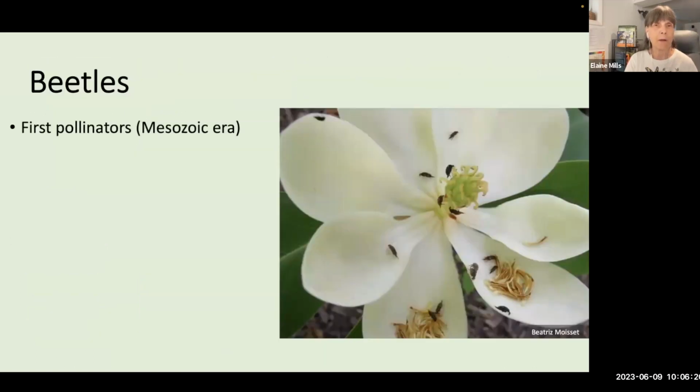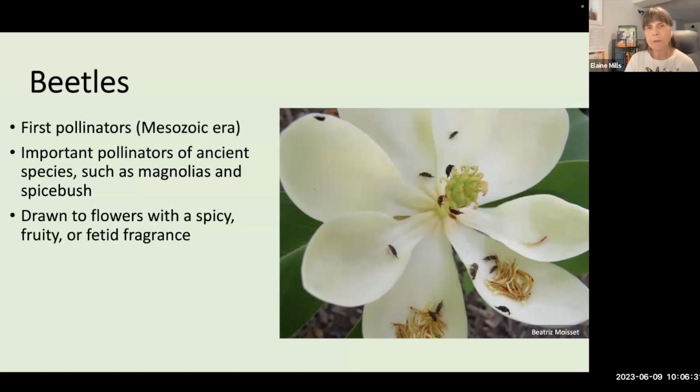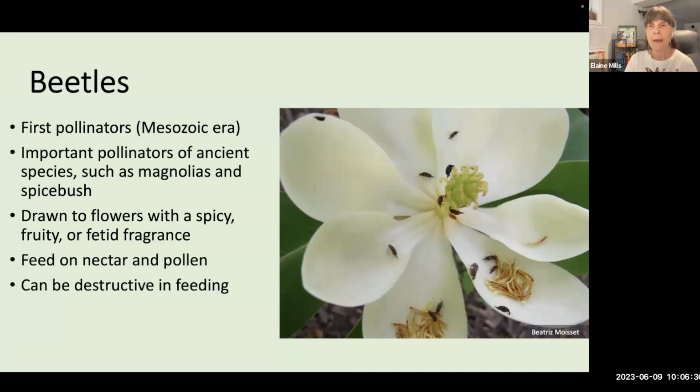The very first pollinators actually go back to the Mesozoic era, and they're still important pollinators of ancient species such as magnolias and spicebush. They're drawn to flowers with spicy, fruity, or fetid fragrance. They'll feed on both nectar and pollen, and they can be somewhat destructive in their feeding.